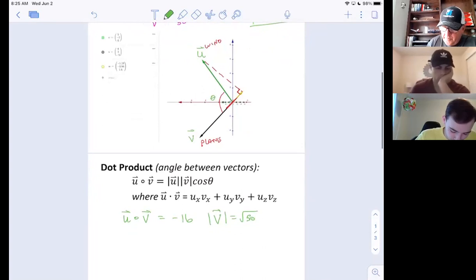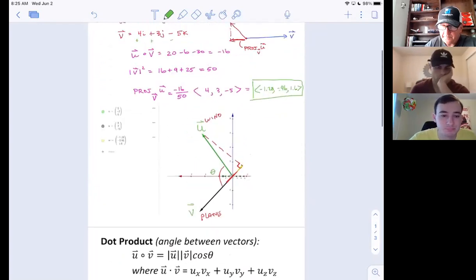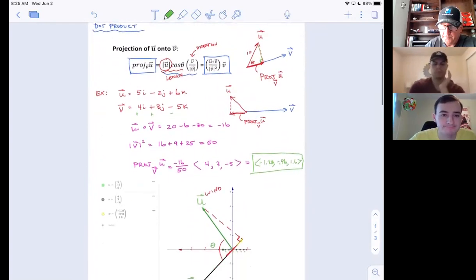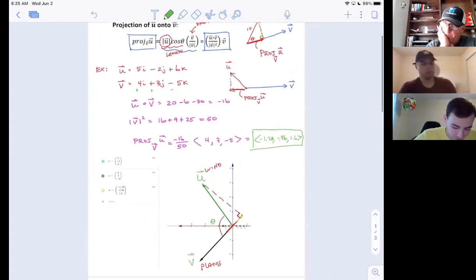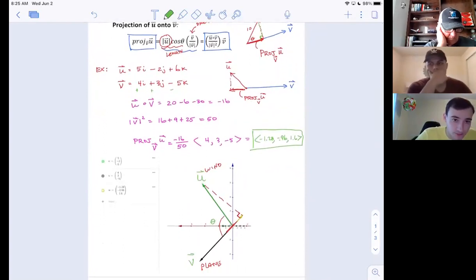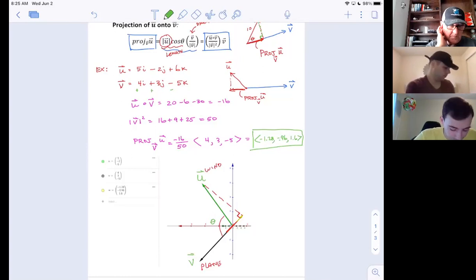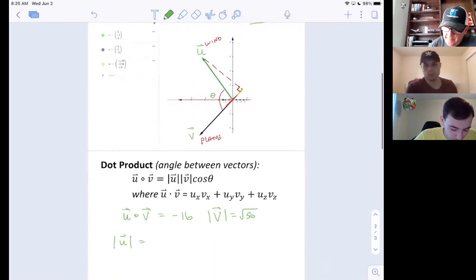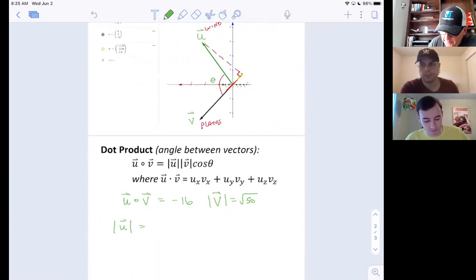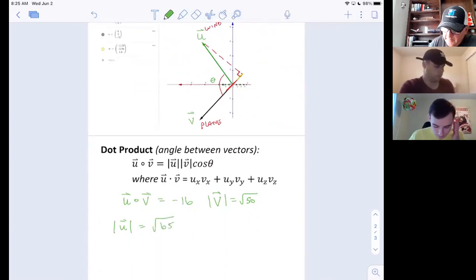So the only thing we really don't know is the magnitude of U. Since U is 5, 2, and 6, square those, add them together, you get 65. And so the magnitude of U is the square root of 65.